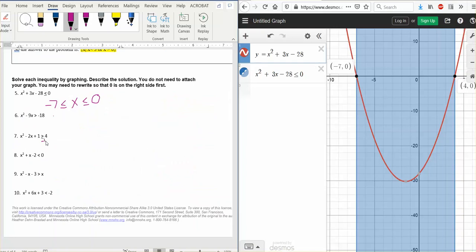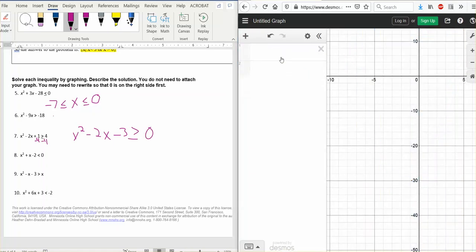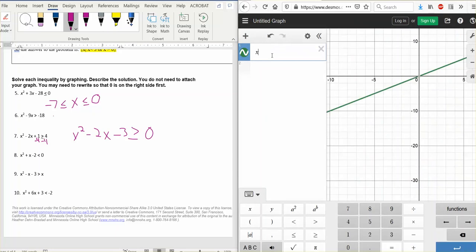And when I do that, I would get x squared minus 2x minus 3 is greater than or equal to 0. So my two related inequalities to graph would be x squared minus 2x minus 3 equals y, or y equals if you prefer.